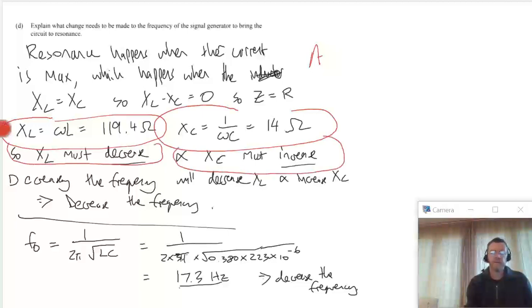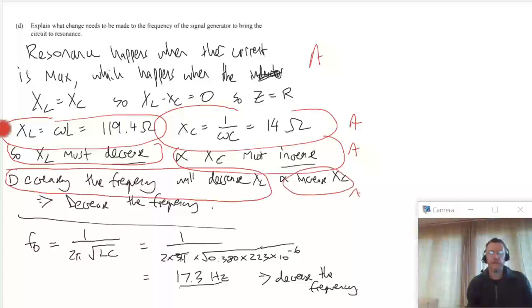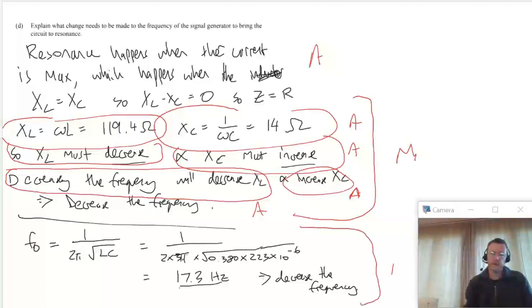You still had to have this, you could have this, you could have this. There's an achieved point for that or for that, but you can only get one achieved point overall. It's just like if you said anything particularly important, you got somewhere. Now if you said all of this, this was worth the merit, and if you said all of this, this was worth the merit, but you had to include decrease the frequency.